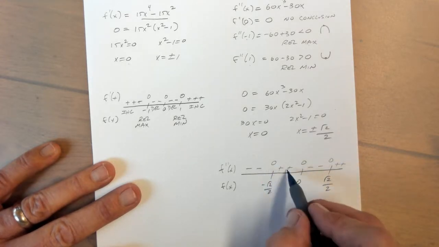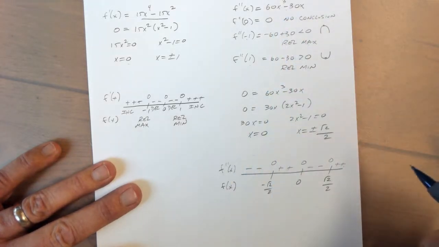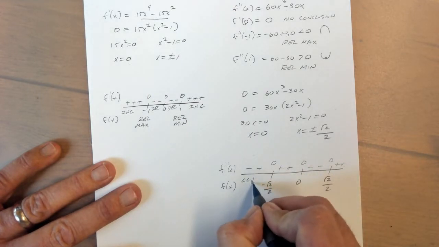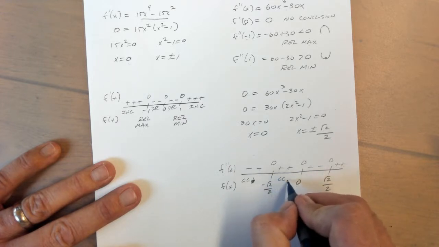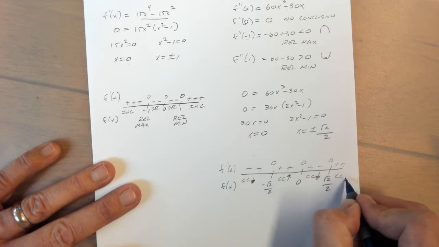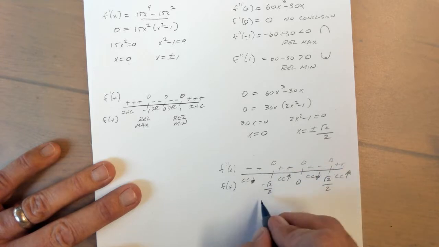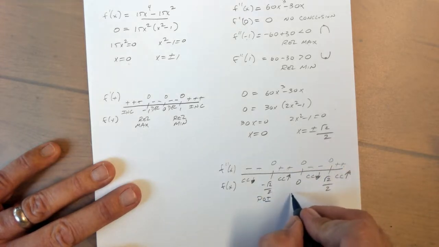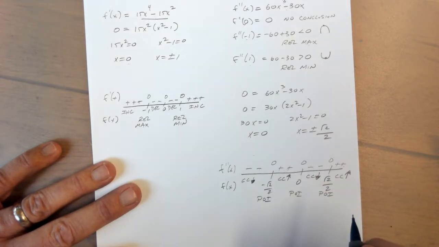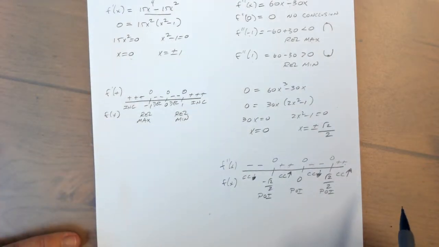Each time I'm substituting a number in those intervals back into the second derivative and figuring out the sign. So our conclusion here is that the graph is concave down, concave up, concave down, concave up. And each time the second derivative changes sign, we have a point of inflection.